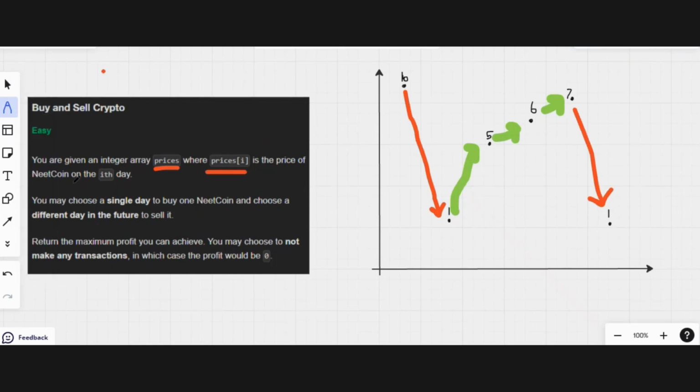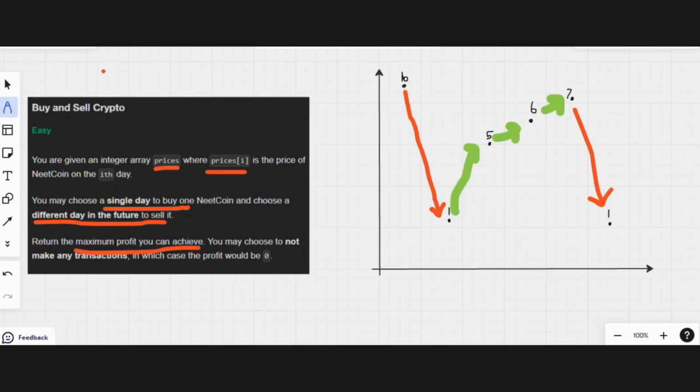We need to choose a single day on which we buy the currency, and a different day in the future on which we sell it. We need to find these buy and sell dates, which help us maximize the profit we can achieve. That's what this problem is about.